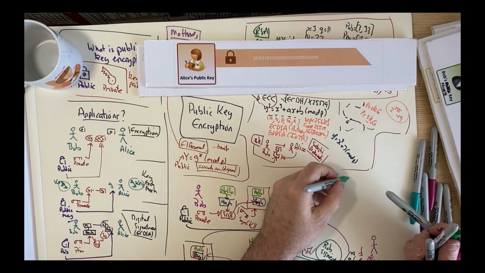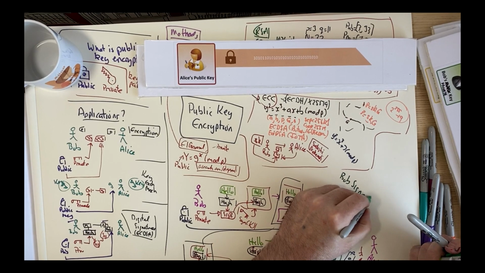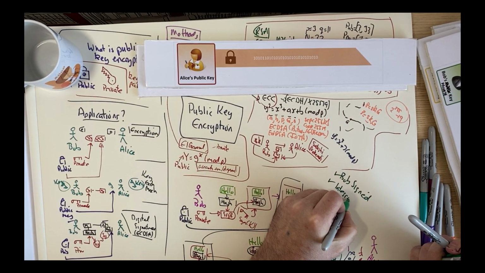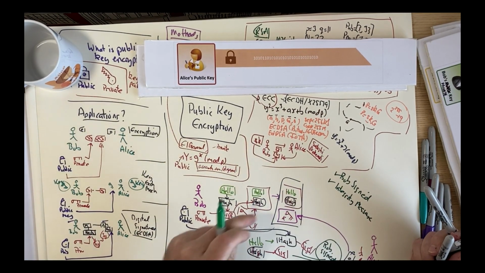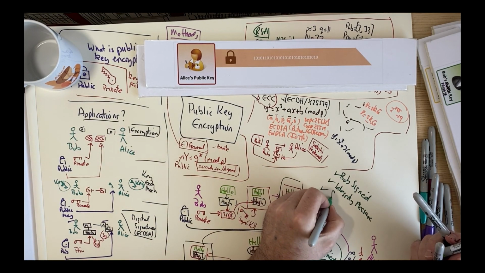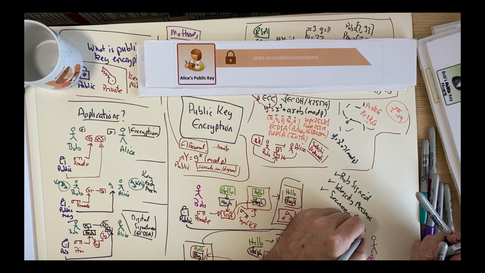So what we've managed to do is that we've proven that Bob signed. We've proven the integrity of the message, that it hasn't changed, and we've also secured the message.